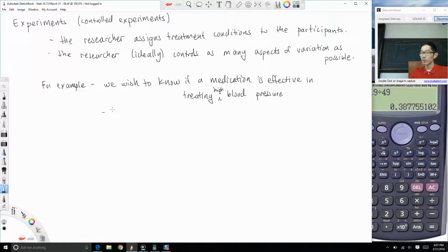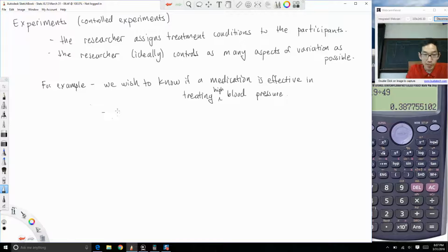So in an experiment, ideally you could control everything and make sure the only difference was that one group got the treatment and the other group got a different treatment or a placebo or something like that.